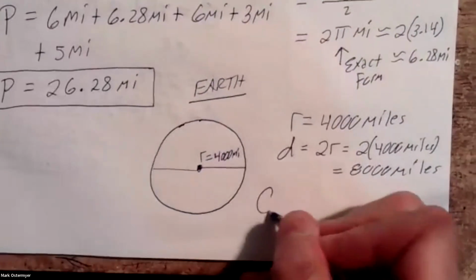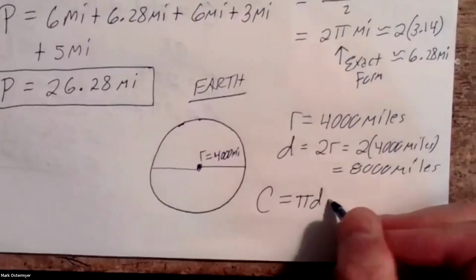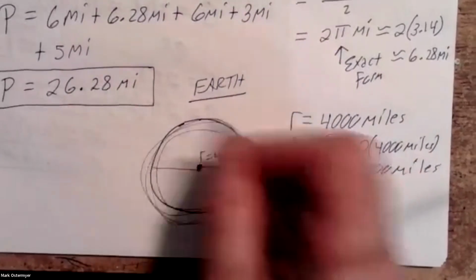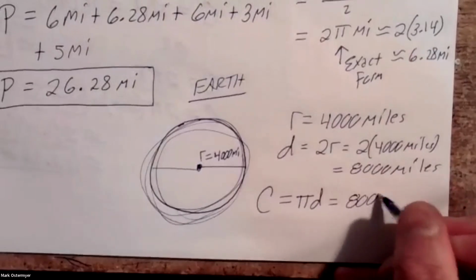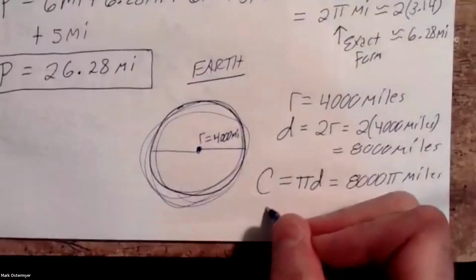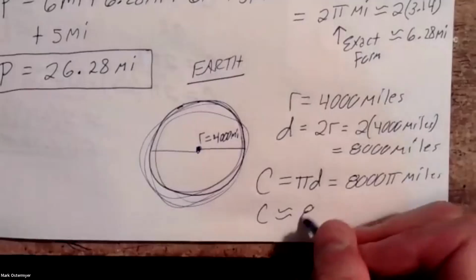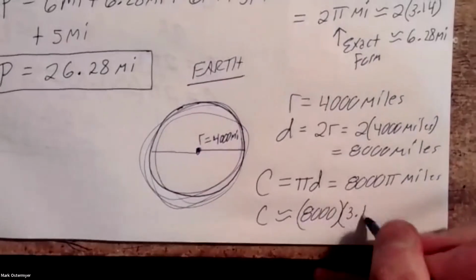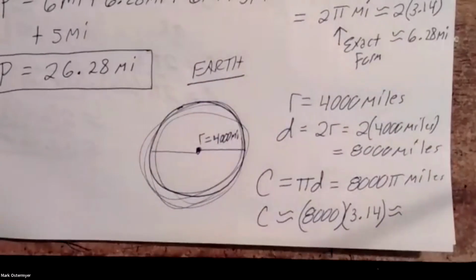So to find the circumference of our Earth, I'm going to use the formula that says pi times the diameter. So the exact circumference or distance around our planet, totally around, would be equal to 8,000 times pi miles. So ladies and gentlemen, the approximate circumference of our Earth would be 8,000 times 3.14 miles, which is to say approximately what?